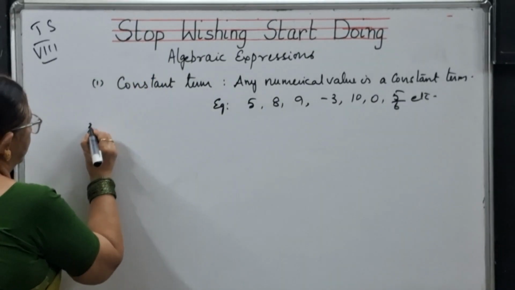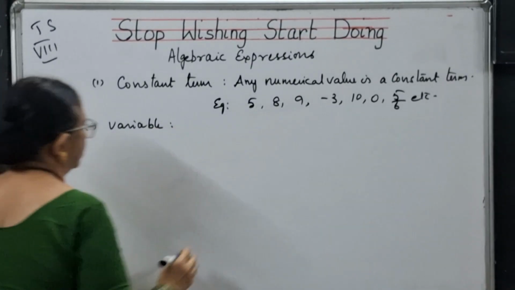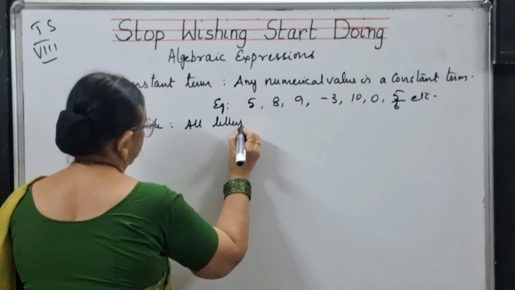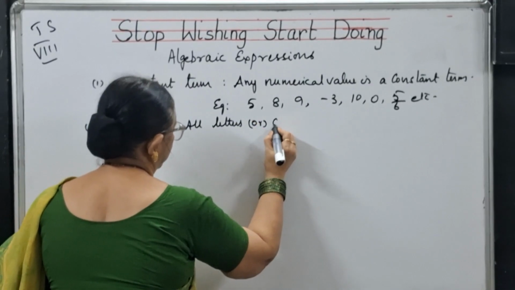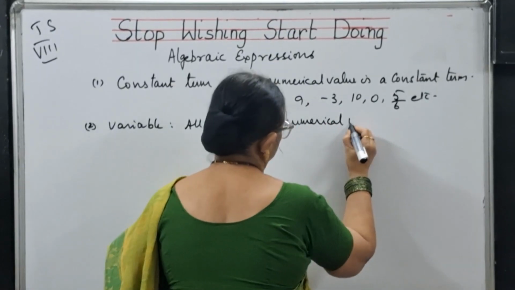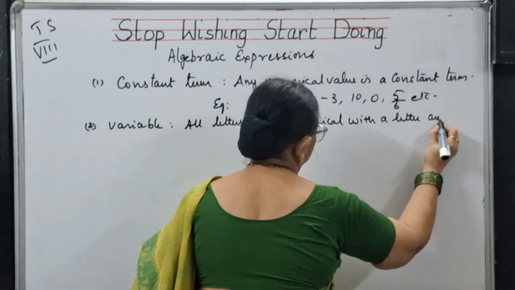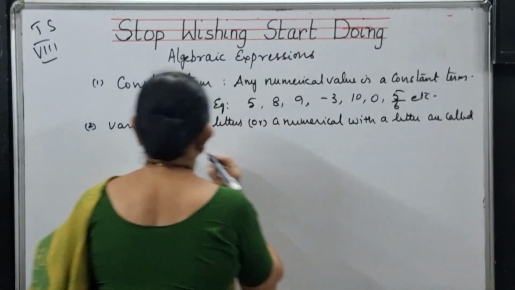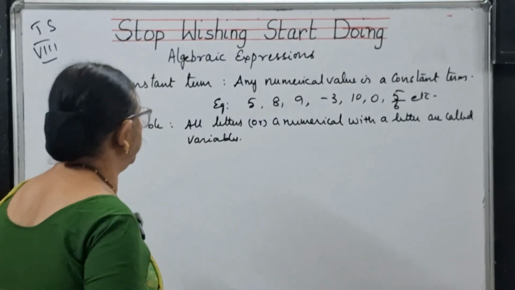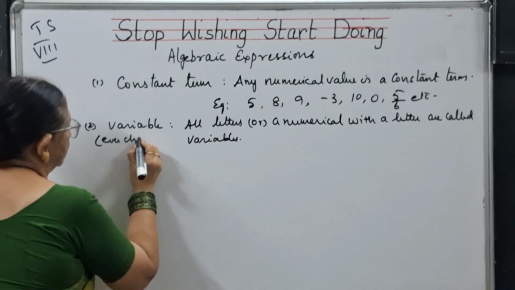Okay, next, variables. What are variables? All letters or a numerical with a letter are called variables. Now, as the name indicates, variable means ever changing.